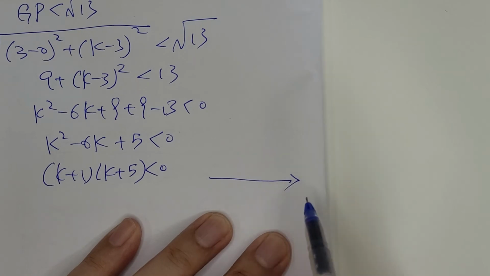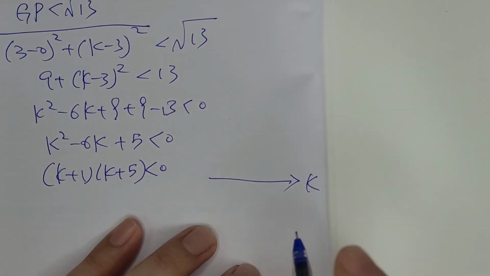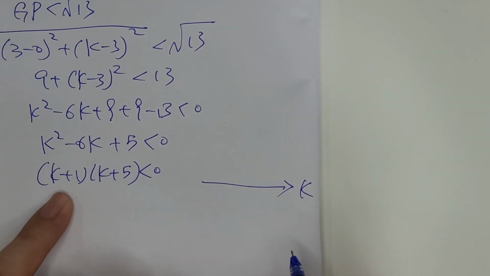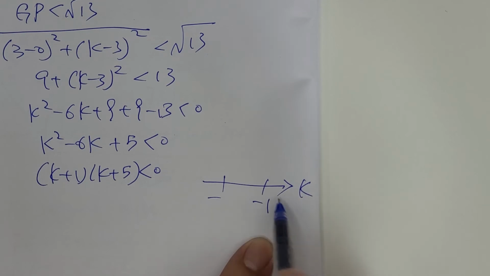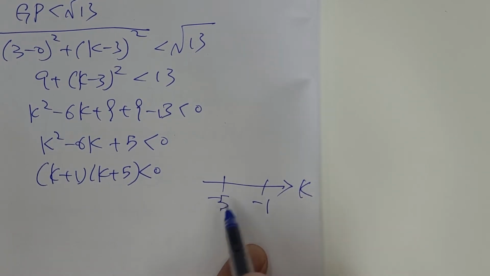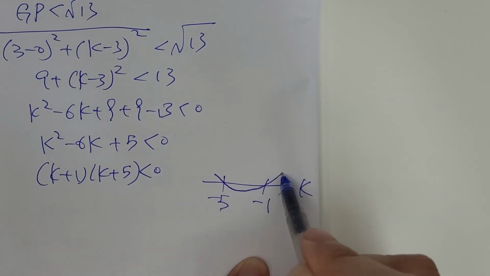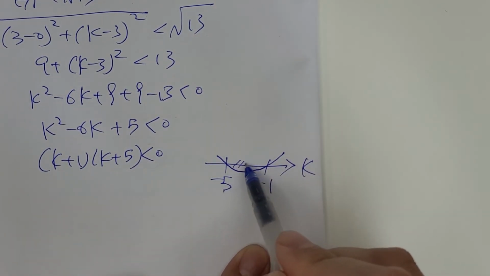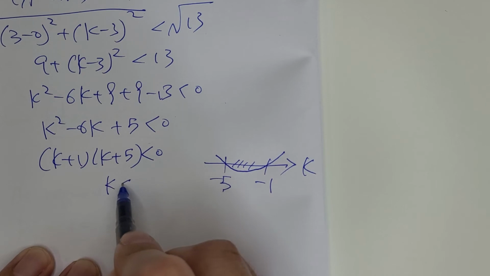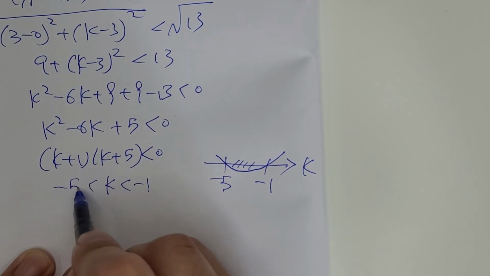You must draw the graph to clear up your mind. The roots you plug in the calculator, that is -1 on the right hand side and -5. Draw the smiling face. If you want something less than 0, that means below the horizontal axis. So k would lie between -1 to -5.